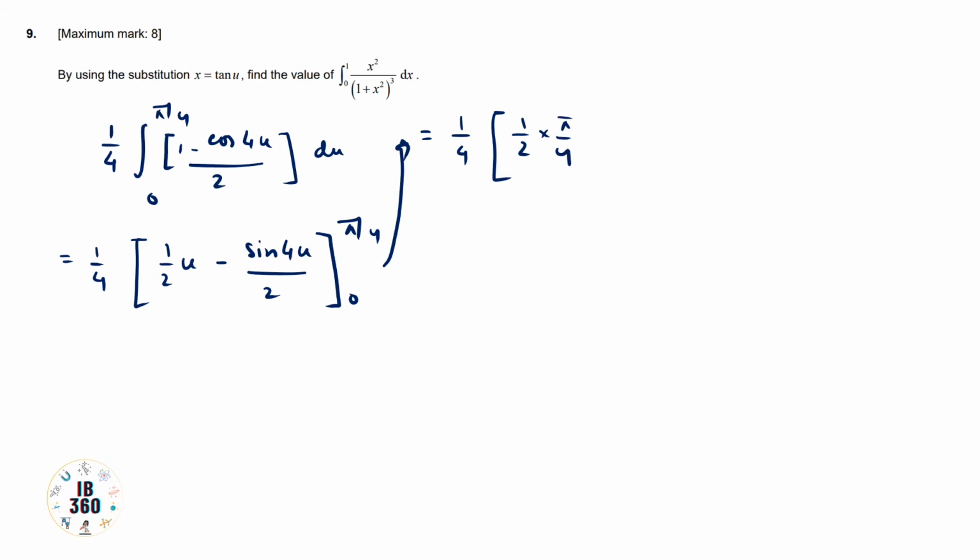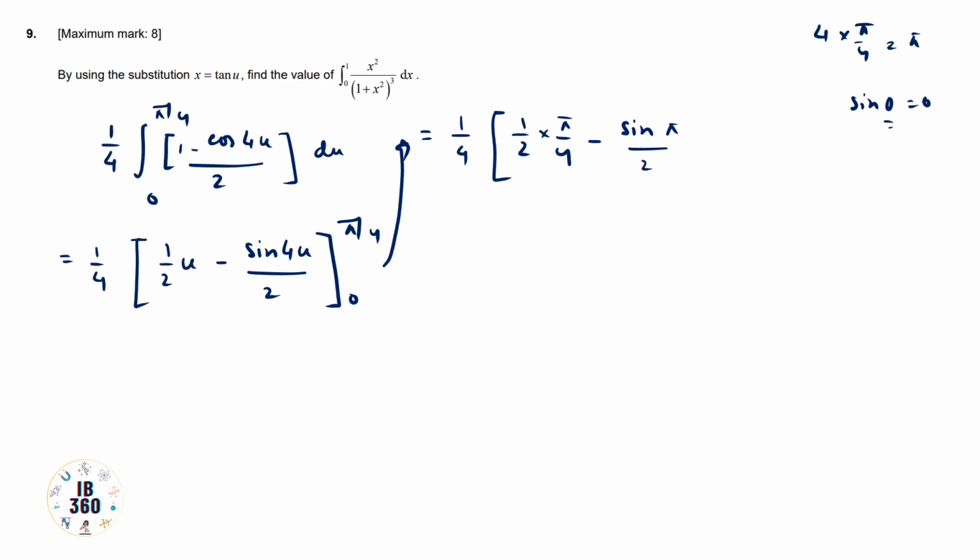Even if I apply this or don't apply this, the result is the same, it is the 0th term. Minus now sin 4u. So 4 into pi by 4 equals to pi, so sin pi. And sin 0 is 0, so I am again omitting the term.